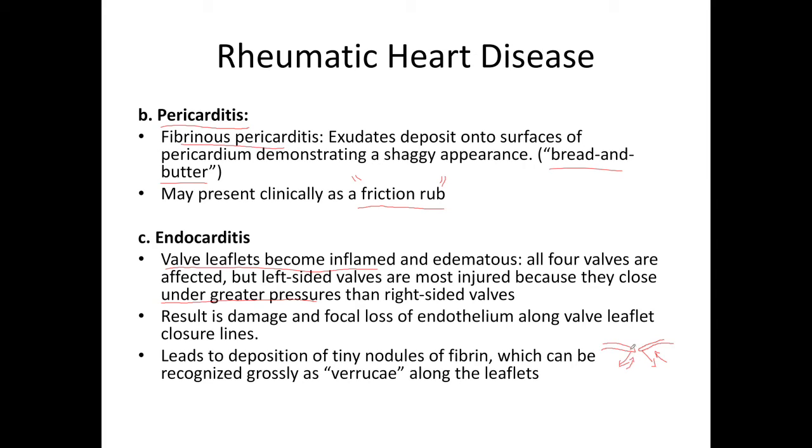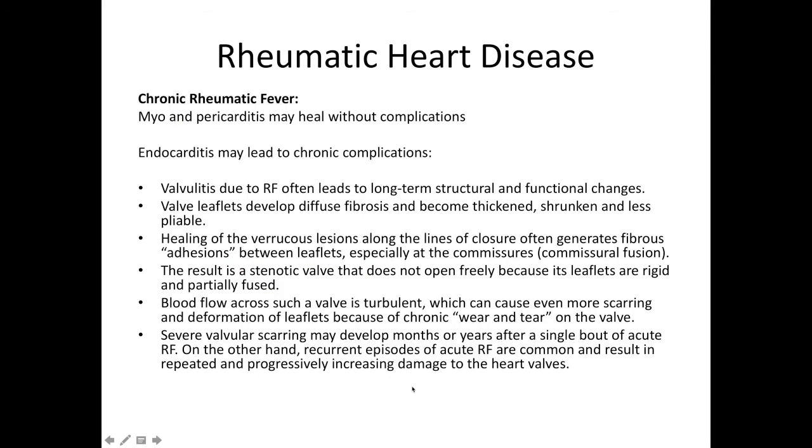When they snap shut, this region where the two valves touch becomes inflamed, edematous, and it begins to express adhesion molecules, and as a result has a greater likelihood for fibrin and platelets to begin to deposit on its surface. These little nodules of fibrin and platelets are going to produce these things that are called verrucae along the leaflets, and that's going to be shown in a subsequent slide.